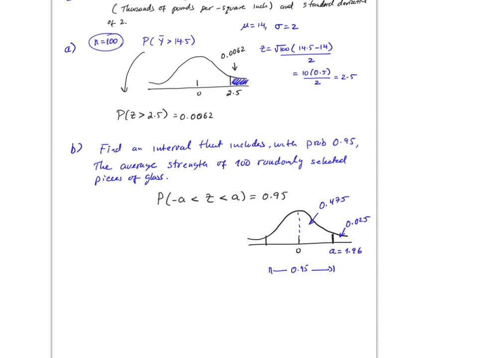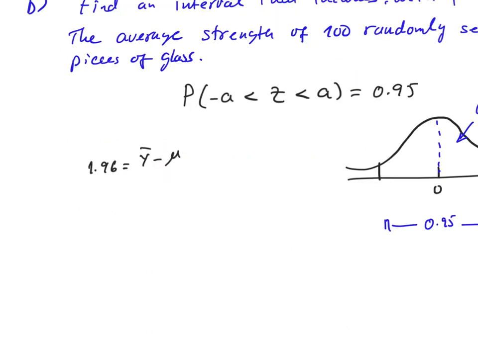So therefore, that means that 1.96 has to equal y bar minus mu times the square root of n, divided by sigma.